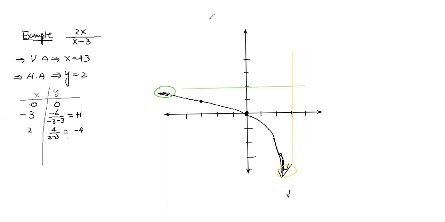Now you can choose another few points, like when x equal to 4. Then 2 times 4 is 8, and 4 minus 3 is 1, so it's 8. You will get something like this, right?